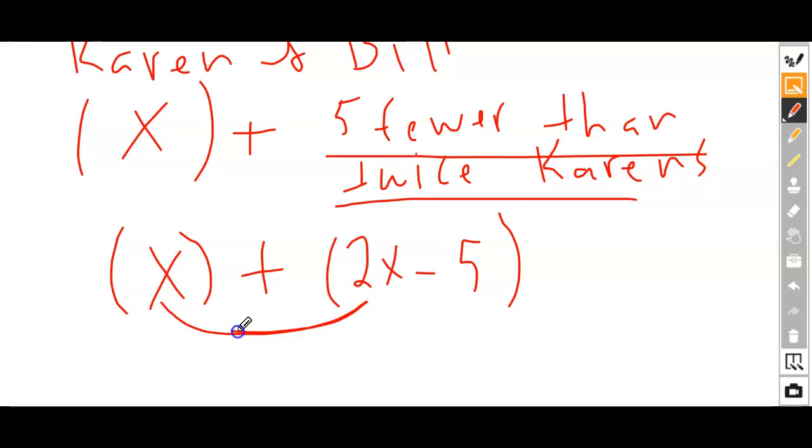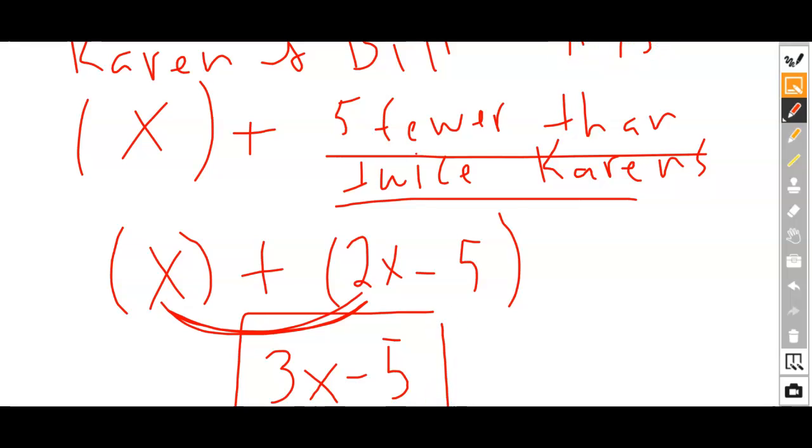So what I can do is I can put my x's together. 2x plus Karen's x gives me 3x minus 5. So there's my final answer. This is question number 15 on your homework tonight. So be careful. All right.